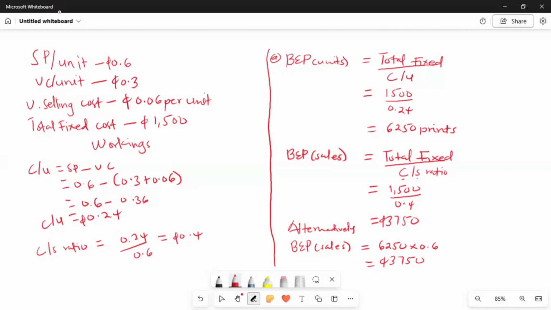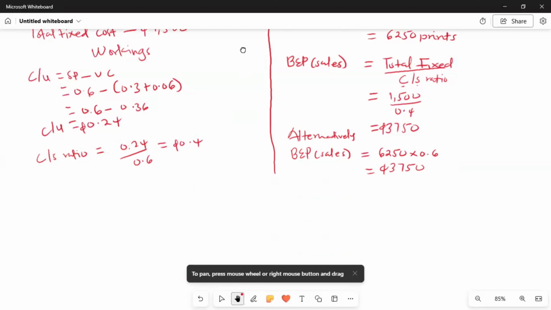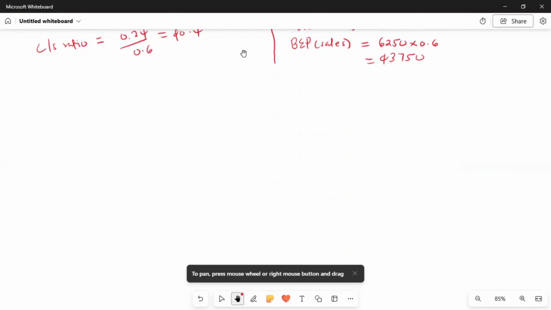Okay, so let's move to B. B is saying that we should find the margin of safety. The margin of safety is the difference between the budgeted units or the actual units and the break-even units.